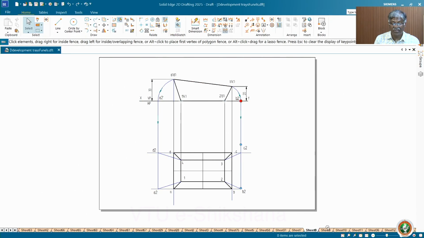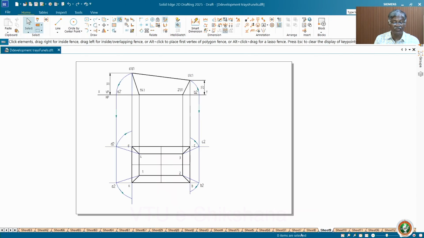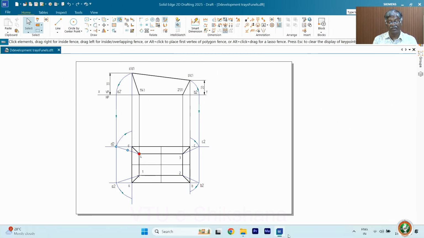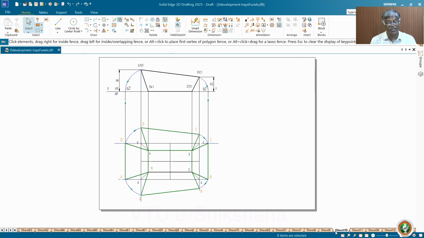Next come the top and bottom surfaces. How to do it? See, rotate here and rotate here. On the left side take 2C2 or 2B2, rotate. And on the right side, and the left side you have 4D2 and 1A2, rotate either side. Then you get the equal distances, then join them.